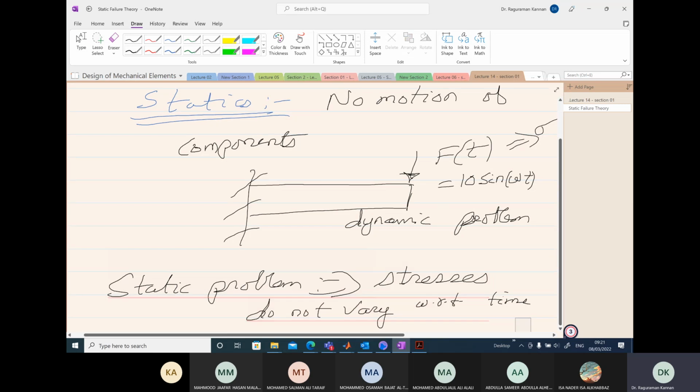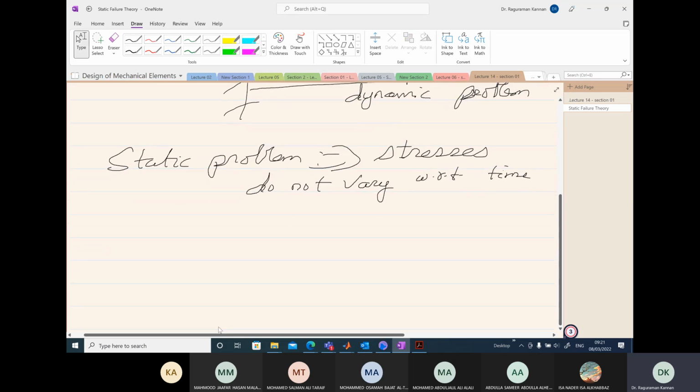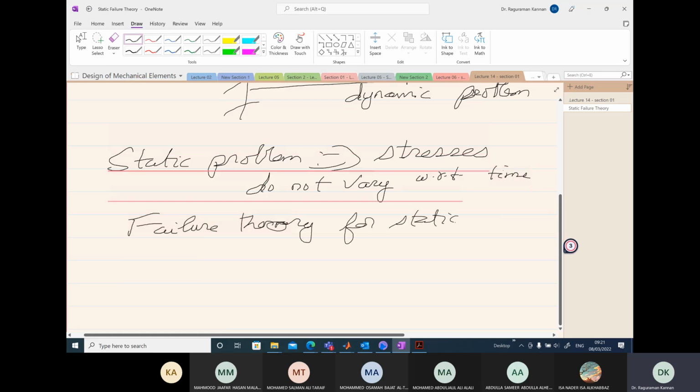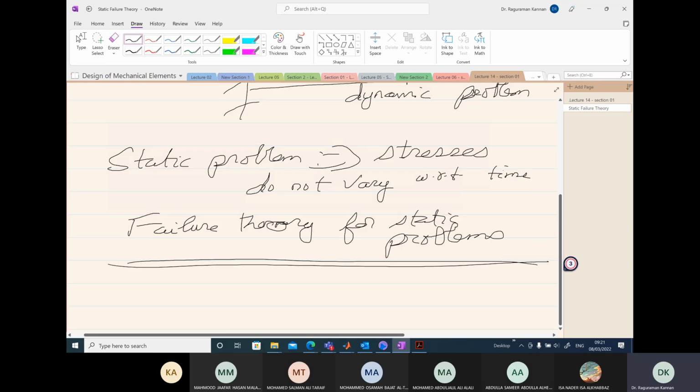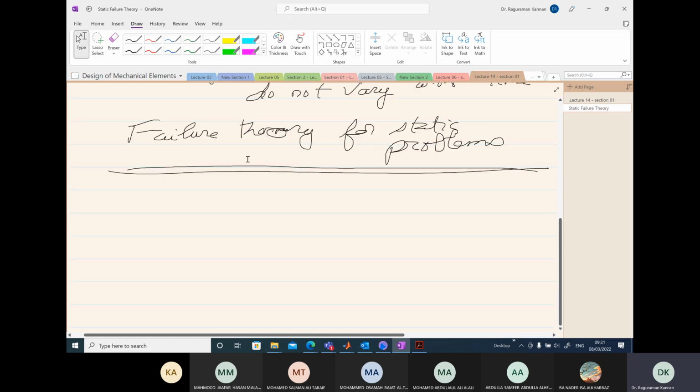This chapter deals only with failure theory for static problems. Do not try to apply these to any kind of dynamic problem where stresses become a function of time. It will not work unless you have suitable assumptions.